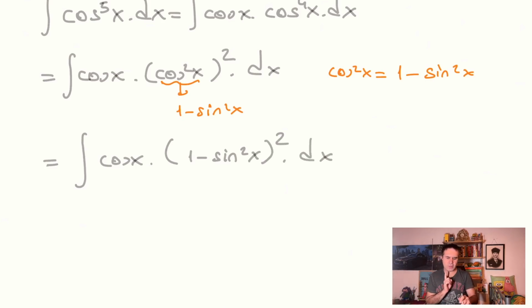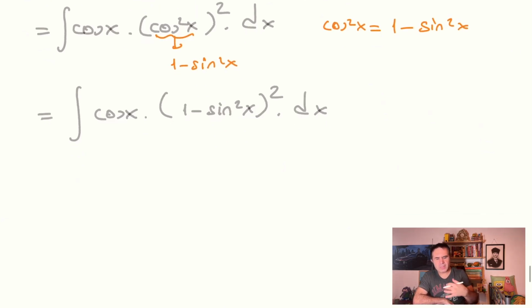Here you can see that the derivative of sin x is cosine x. So we can use substitution here because let's say sin x equals u, then differentiate both sides. Cosine x times dx becomes du.